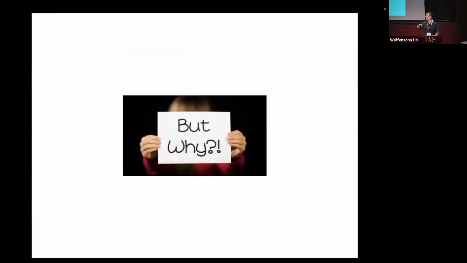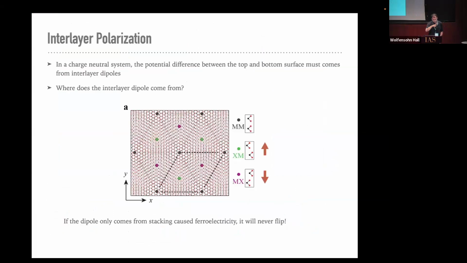But why? We know that all this change is due to the flipping of the North Pole and the South Pole. It was like this, but as the twist angle changes, it gradually reduces, then flips sides. Why is this? Remember that we visualized this change of the moiré potential by measuring the Hartree potential difference between the top and the bottom surface.